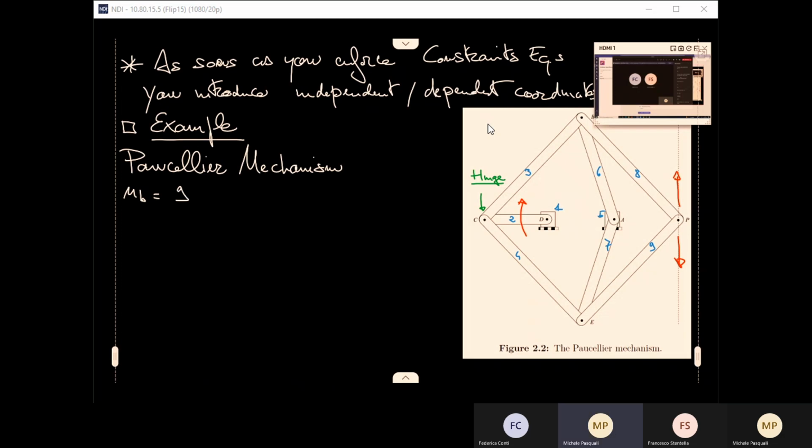So the body count is equal to 9. How many Qs do we have? What's the number of generalized coordinates, which we can define as n? N is equal to 9 times how many degrees of freedom, okay, that's another thing that we will discuss later. How many possible parameters are needed?